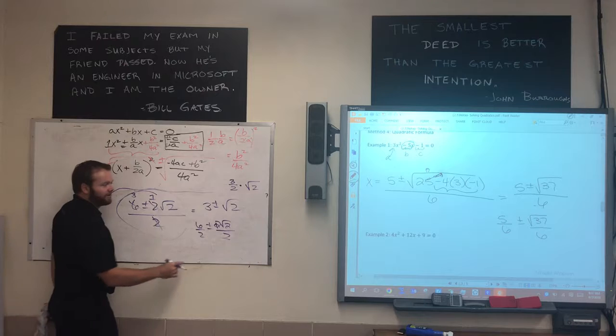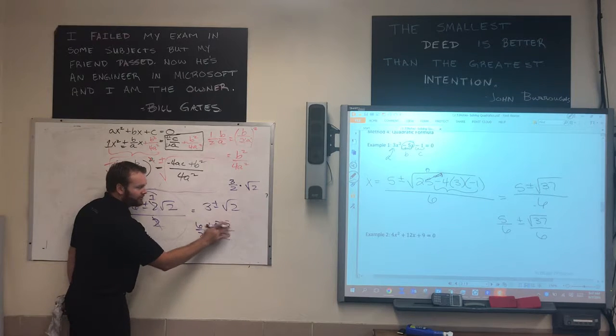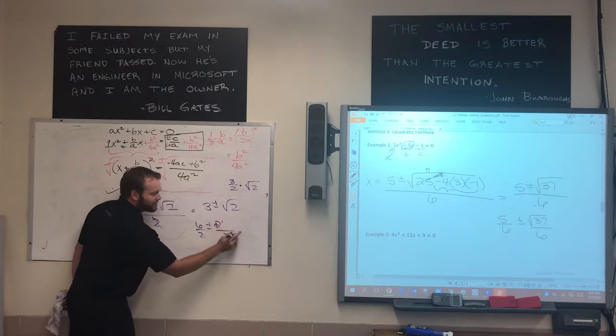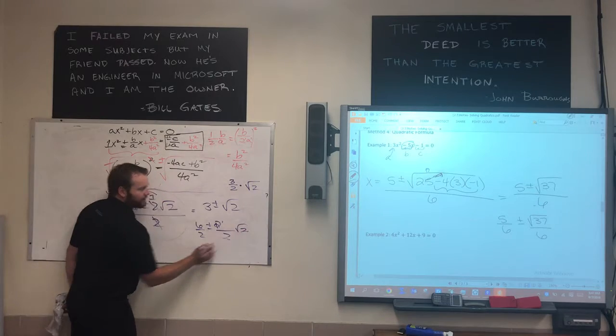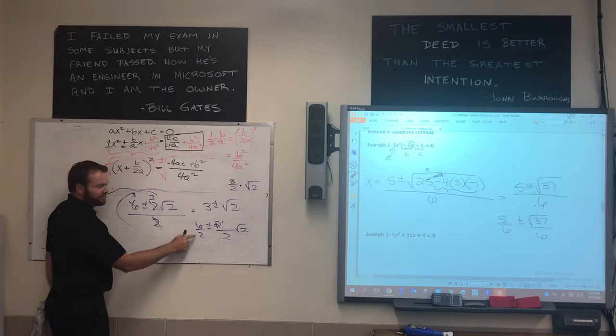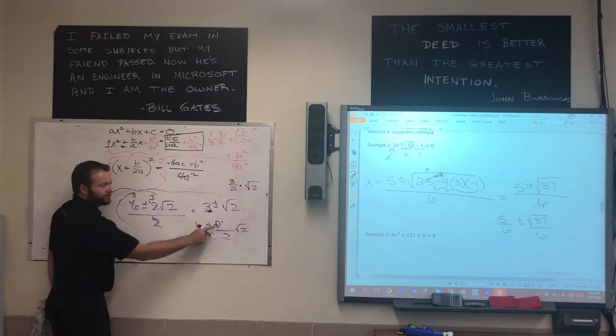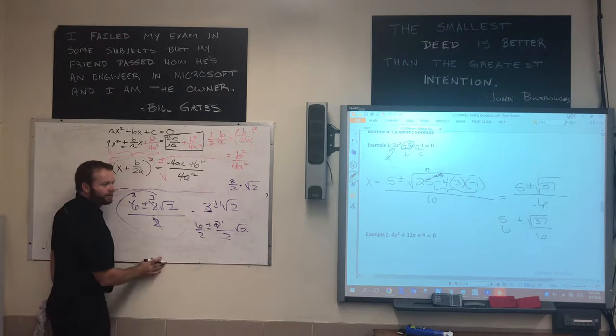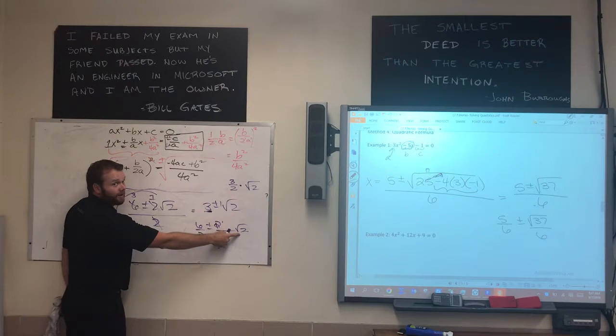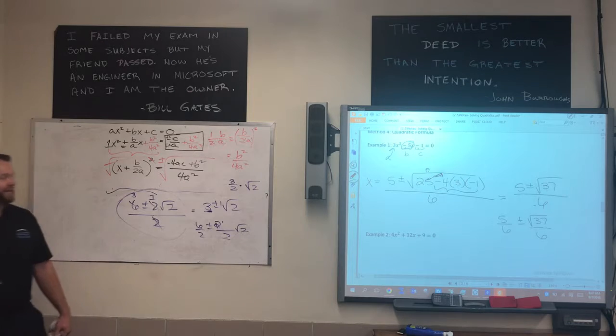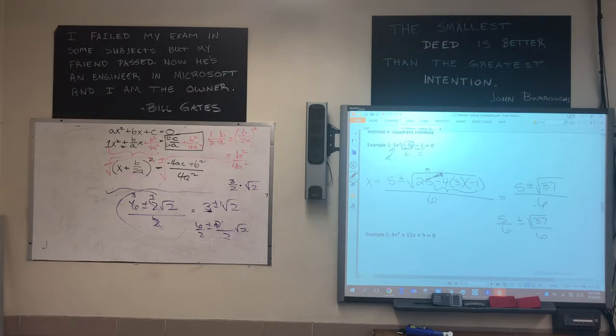And now you see, if this is 2 radical 2 over 2, maybe you want to rewrite it this way. Okay, so now you see 6 over 2 gives me 3. 2 over 2 gives me that 1 times my radical 2. Is that all right? So that's the logic, that's the reason of when you can cancel and when you cannot cancel if you're writing it as one singular fraction.